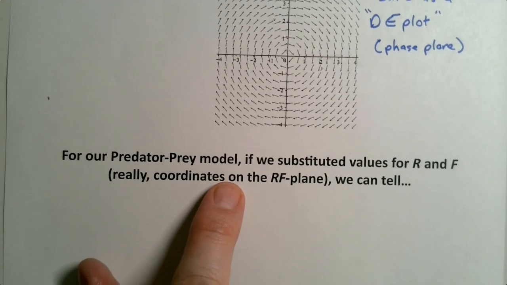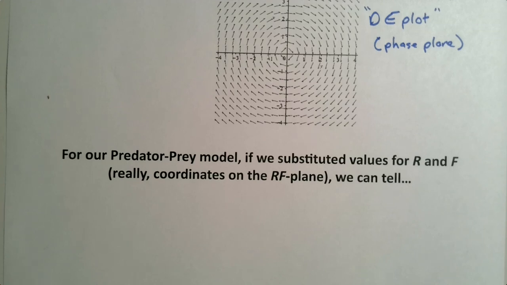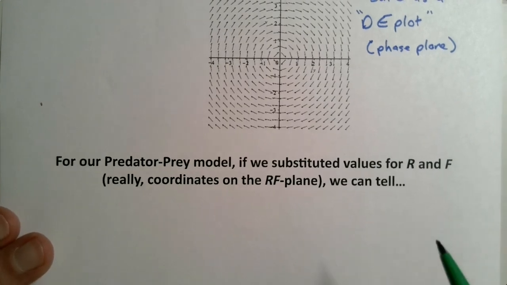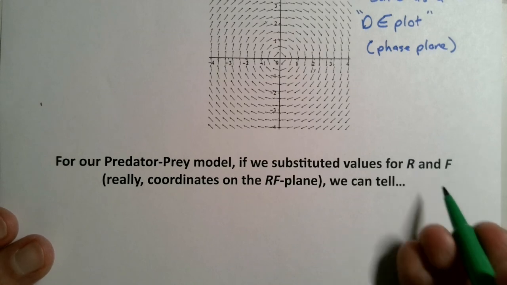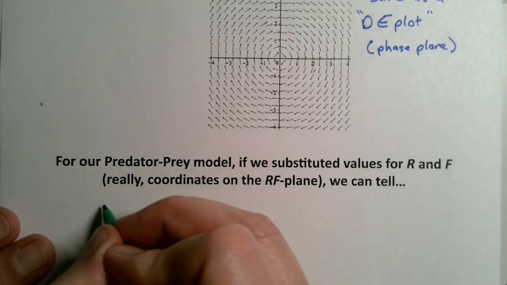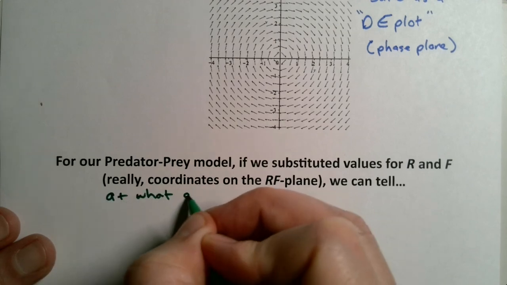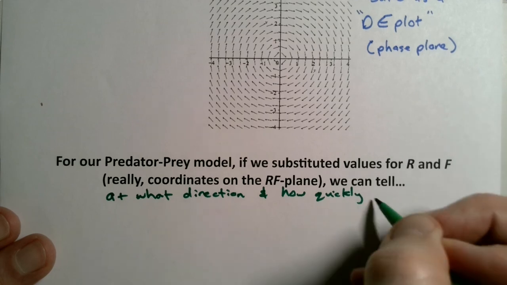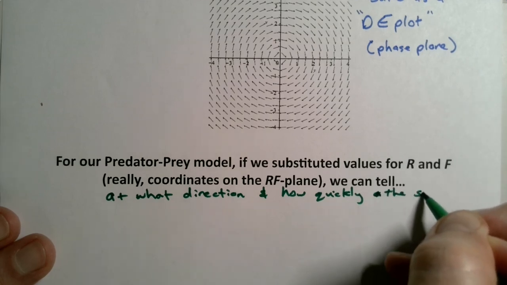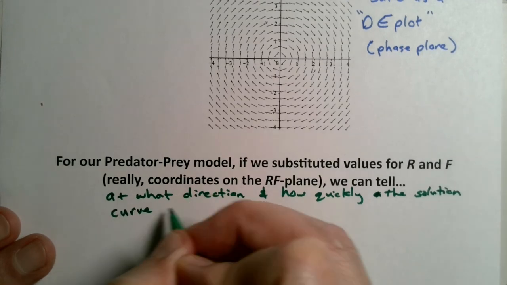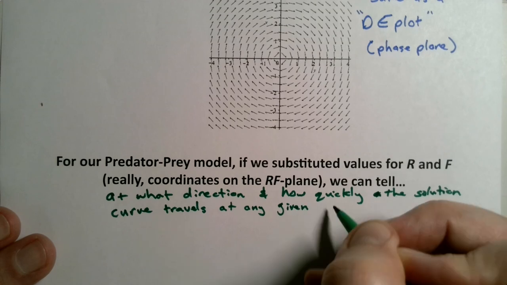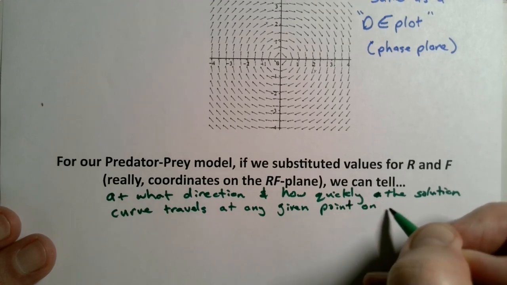And so for our predator-prey model, thinking way back to the beginning, if we wanted to look at any particular location on the phase plane, the output value for plugging in any R and F value on the plane is going to tell us at what direction and how quickly the solution curve travels at any given point on the phase plane.